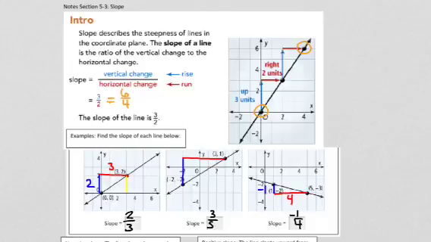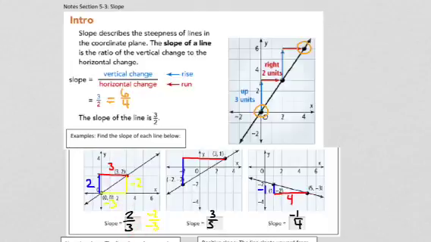So this change is down 2, and this change is left 3, and left would be considered negative. So the vertical change is -2, and the horizontal change is -3, and we should know by now that a negative divided by a negative is a positive.